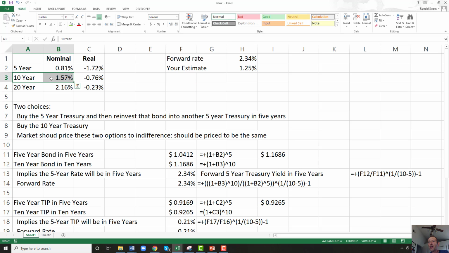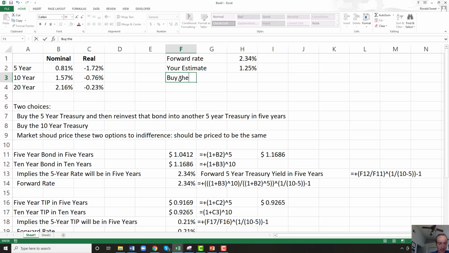Because with the 10-year, you lock in 1.57% for 10 years. If you were to buy the 5-year, invest it for 5 years, you think in 5 years you'll have to turn around and reinvest that at 1.25, which is still lower than the current 10-year. So you have a choice of 5 years at 0.81% and 5 years at 1.25%, or you can lock in 10 years at 1.57. Now you may not like either one of those.